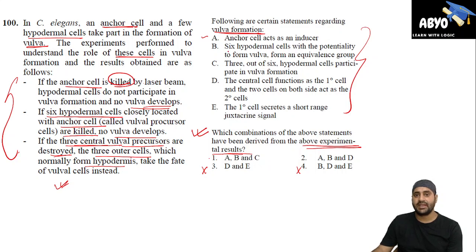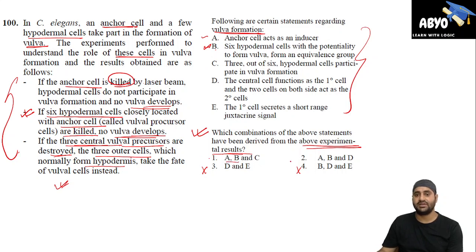We'll see that. 6 hypodermal cells with the potentiality to form vulva form an equivalence group. What is the statement number 2 over here? See, if 6 hypodermal cells closely located to anchor cells, called vulvar precursors, are killed, no vulva develops. That means if they will not be killed, they can have or they will have the tendency to develop as vulva. So statement number B is also correct. B is also correct.